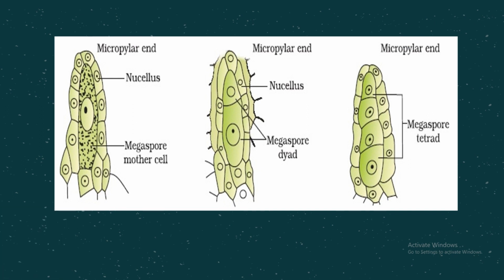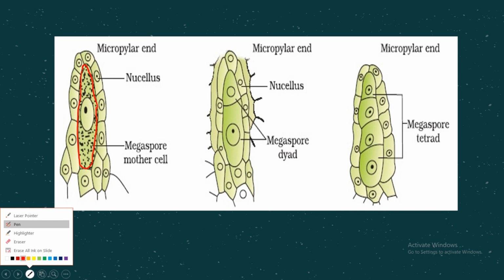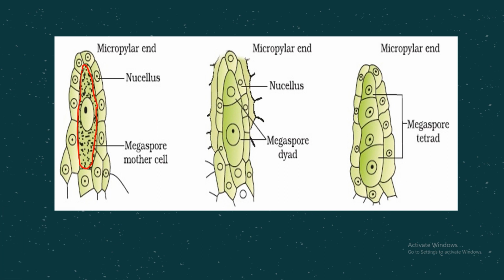So this is the entire megaspore mother cell, and this is the nucleus of the megaspore mother cell. Okay, that is the nucleus. Nucleus and nucellus actually are not the same thing.